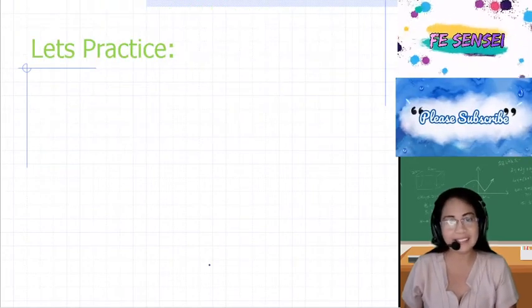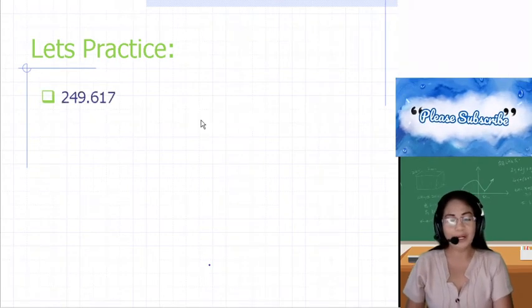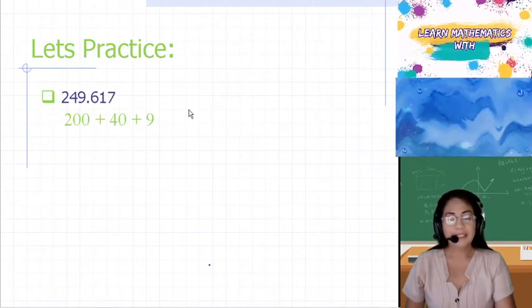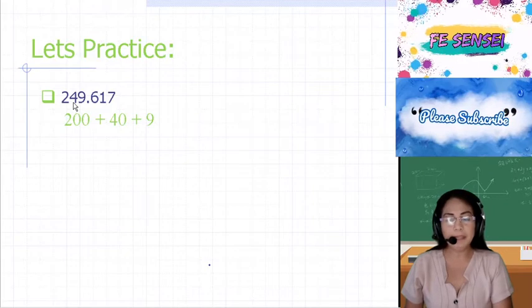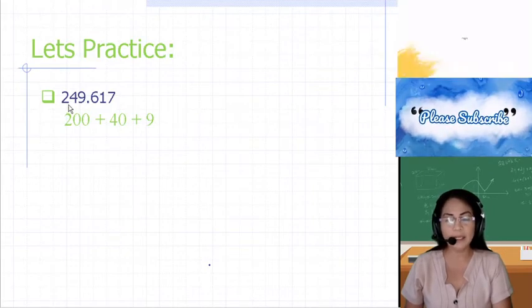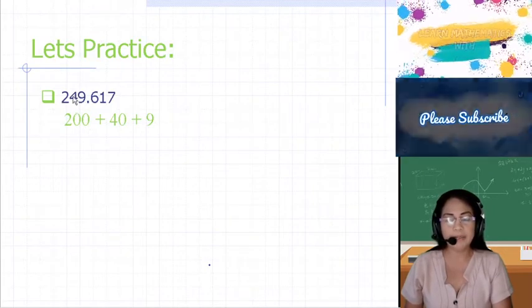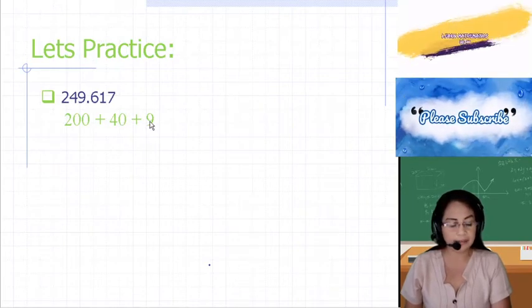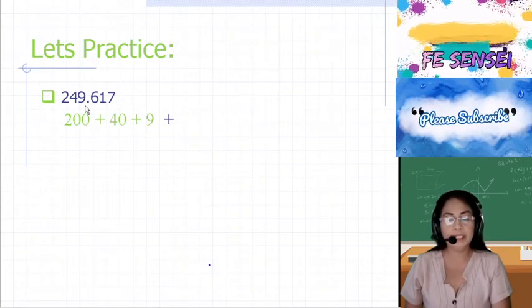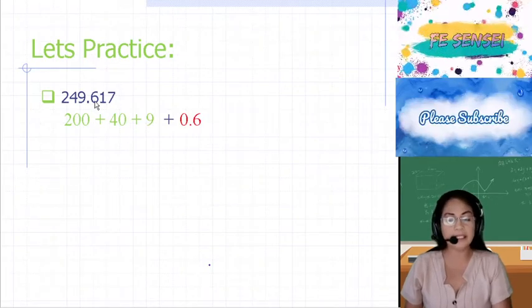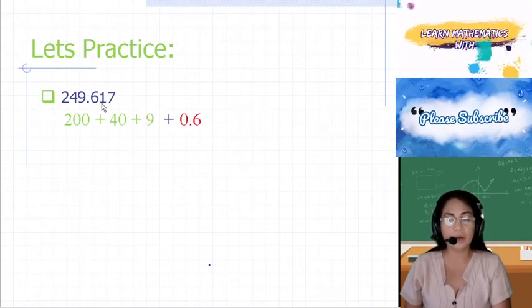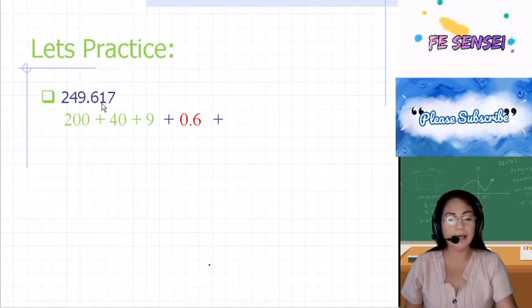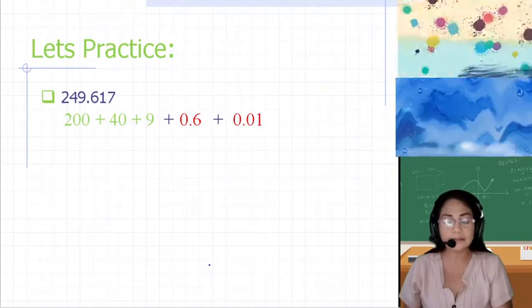Let's have a practice. 200 plus 40 plus 9, that's the whole number. 200, 4 in the tens place, that's 40, 9 in the ones place. Then let's have the decimal. That's 6 tenths. Then this one is plus 1 hundredth.